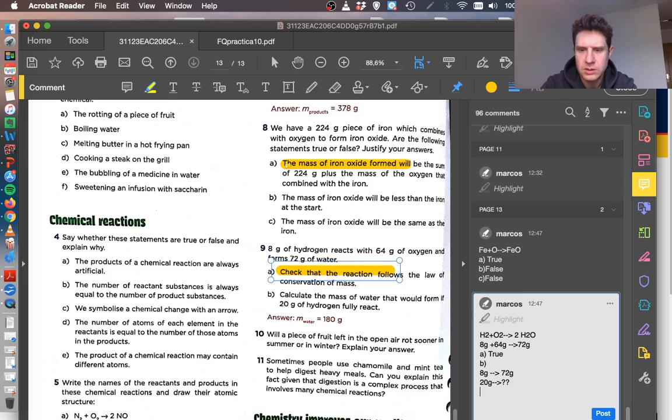So this will be 20 multiplied by 72 divided by 8 is equal to 180 grams.